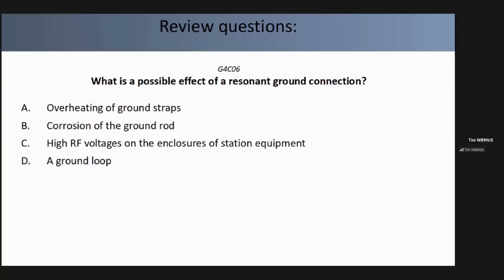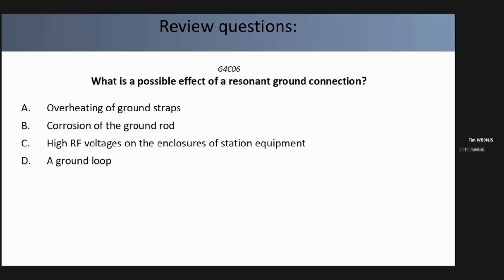Oh, this is a safety one that we talked about last week from G4, I believe: possible effects of a resonant ground connection. What does that mean? Well, you grounded the equipment in your station, and maybe you didn't make that run as short and direct as you can. And if you've got a longer ground, that ground wire can actually become resonant at some frequency.